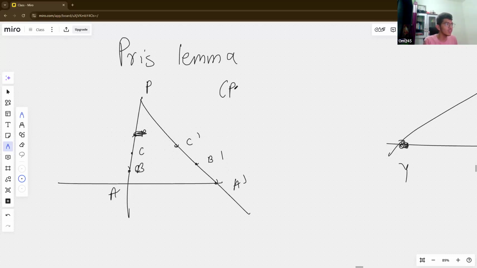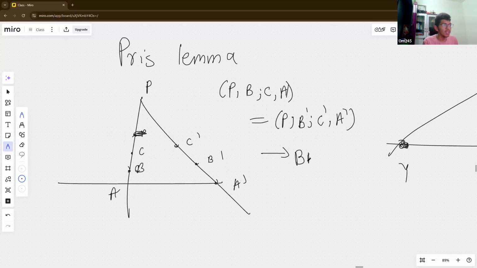If the cross ratio between these points is equal to the cross ratio between A dash, B dash, C dash, D dash, then this is equivalent to saying that AA dash, BB dash, and CC dash are concurrent.